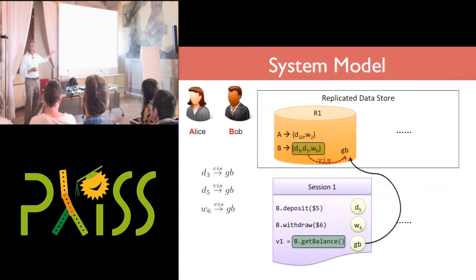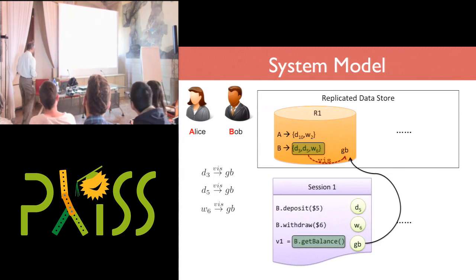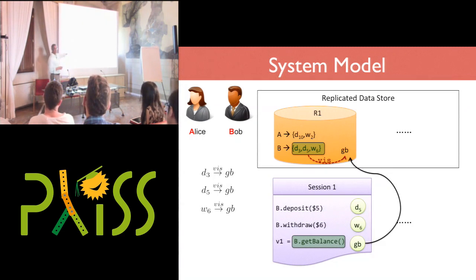But it's quite conceivable that this get balance operation could have been generated on replica 1 before that W6 effect was propagated, in which case the get balance will only see D3 and D5, even though the withdrawal of 6 is in session order with respect to it.